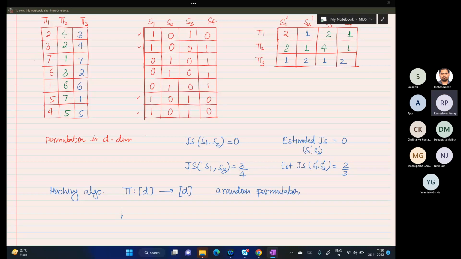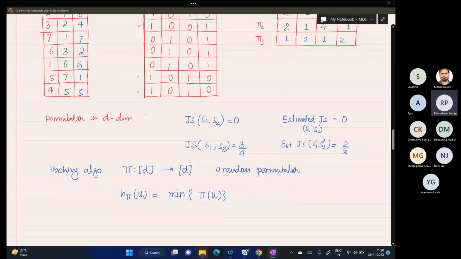And we denote our hash function like this, h pi of u, where u is some input set. We permute this set u using this permutation pi and calculate the minimum. So it's just summarizing the step that we did in this example.